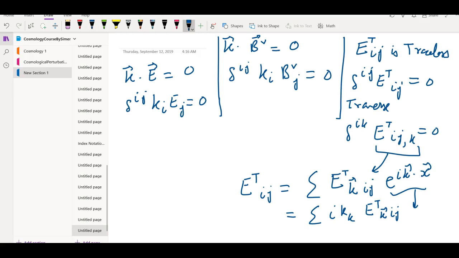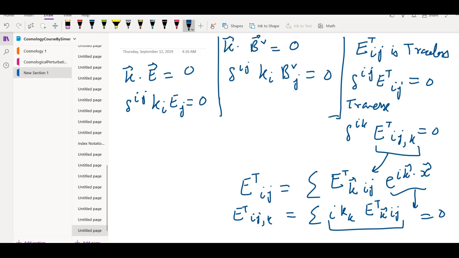So if we say that E^T_ij comma k is equal to 0, this means that k_k E^T_ij is equal to 0.